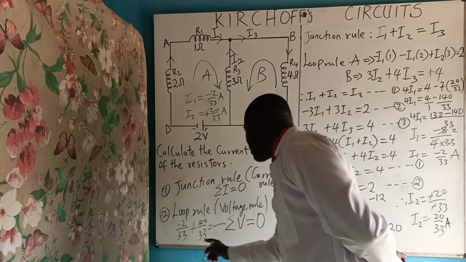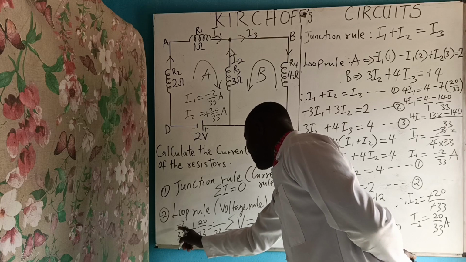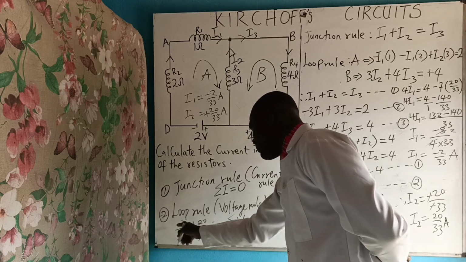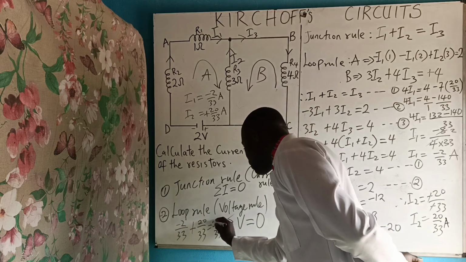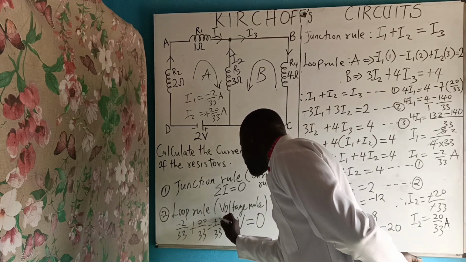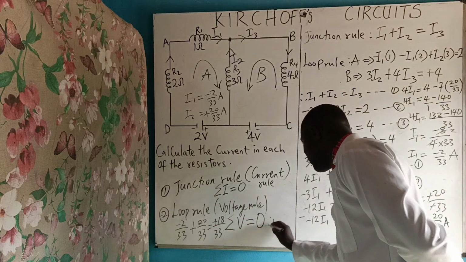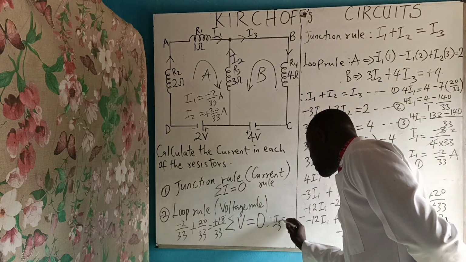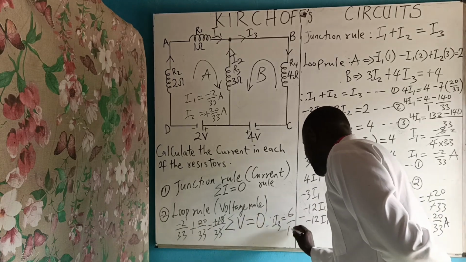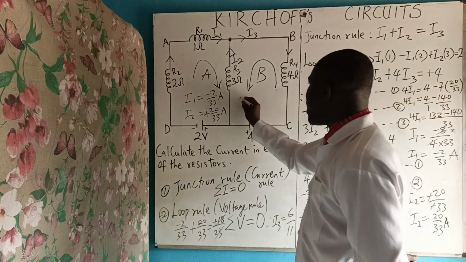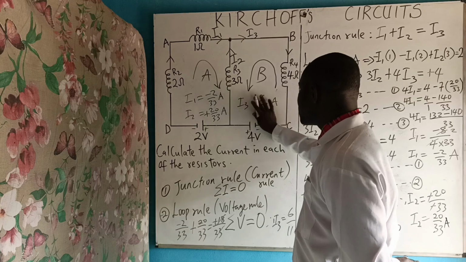Let's see, LCM should be 33. Minus 2 plus 20 will give you 18. So 18 over 33, therefore I3 is equal to 6 over 11 amperes.